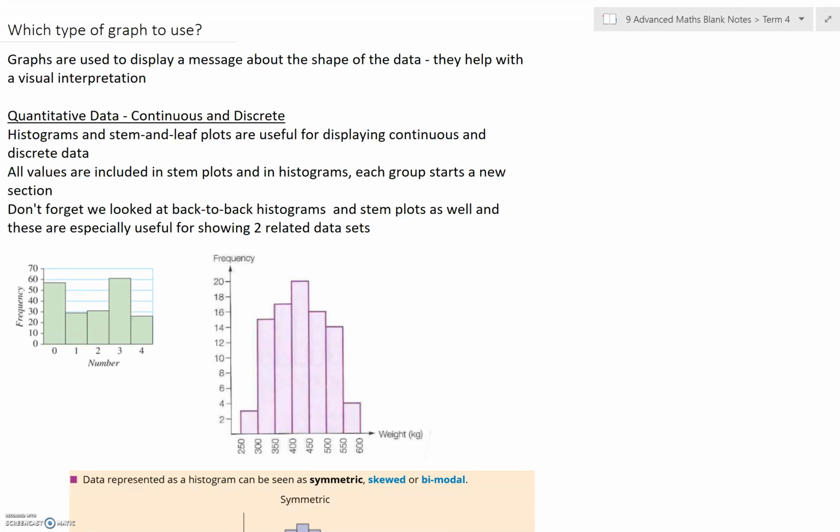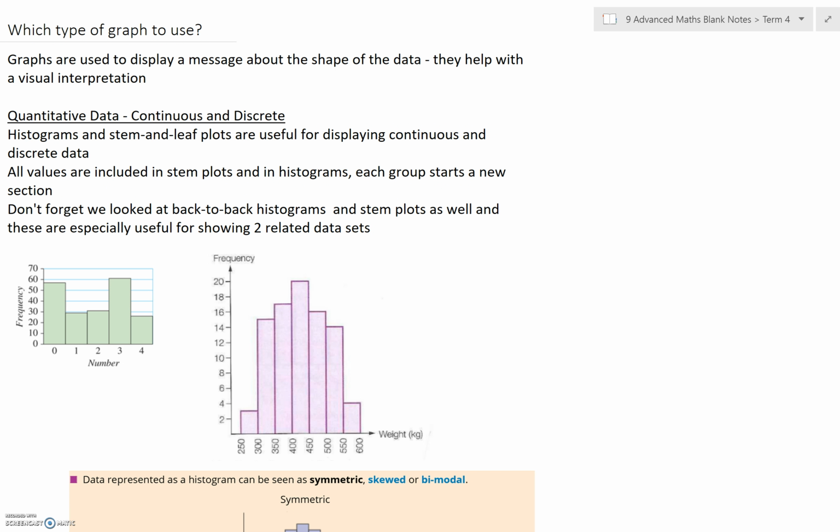The one on the right is a histogram that uses classes or group intervals, and you can see that each bar is a group of values. You can tell the difference because the histogram on the left has the axis markings in the center of the bars, whereas the histogram on the right has the scale markings on the actual edges of the bars.